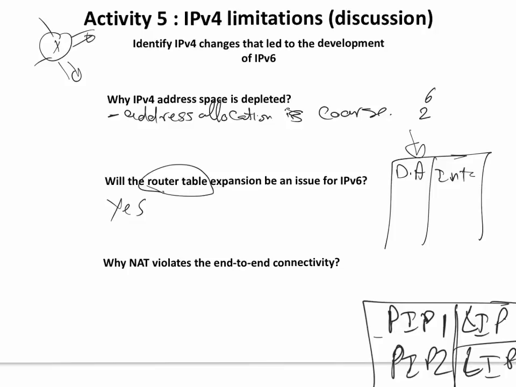Okay? So this makes the network dense. But the routing table will not necessarily grow. Why? Because the routing table routes from one network to another, not from one host to another. So all this group of hosts will have one network address, which we will talk about, one network address in the routing table.